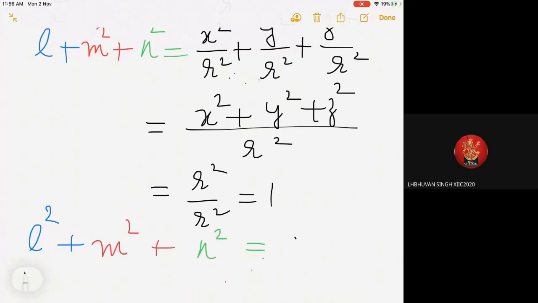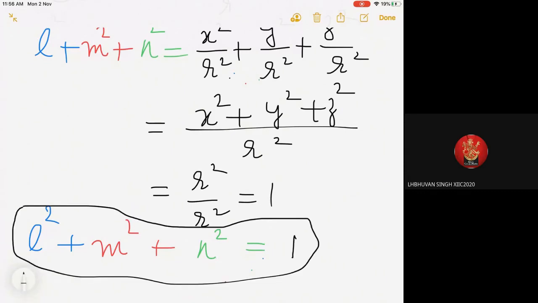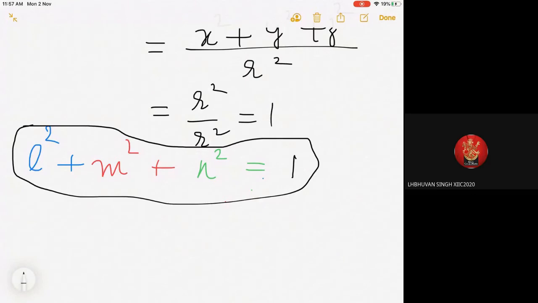Please write the identity. Derivation is not required. You please write the direction ratio.